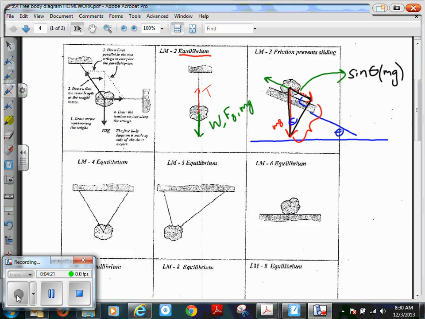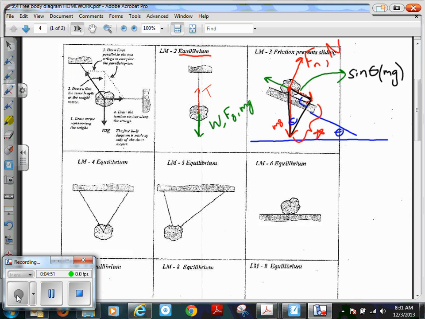It's the amount of force that the surface applies to the object to keep it from falling through the surface. So we would have a normal force right here that would be equal in length to that vector, but in completely opposite direction. And we would call that force sub n, or normal, or big N, something like that.